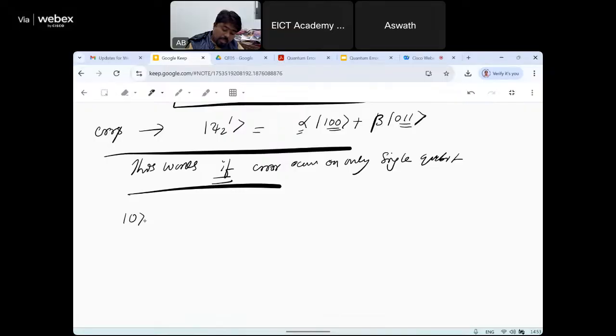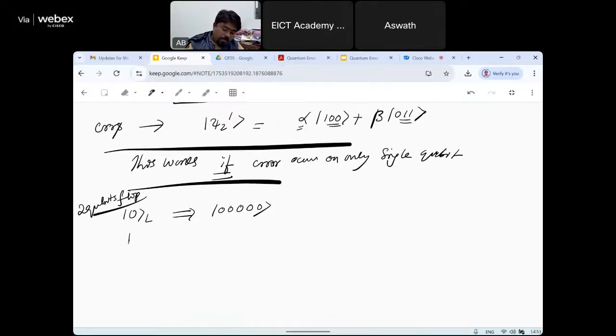My 0L would be 0 0 0 0 0 if two qubits flip. On the same way 1L would be 1 1 1 1 1, which means I need to upgrade the quantum circuit accordingly.